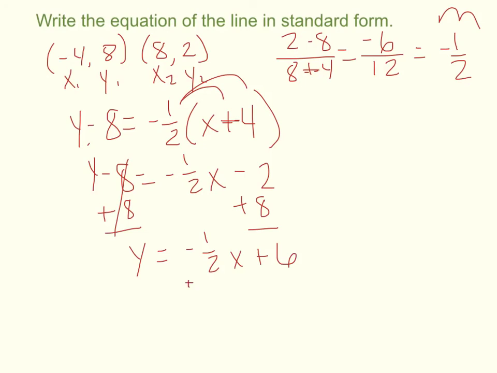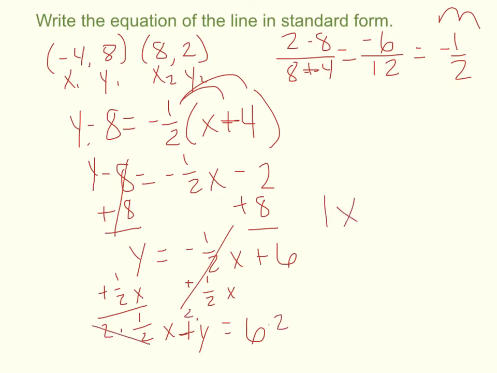It's negative, so I'm going to add 1 over 2x. So you have 1 over 2x plus y equals 6. There's a fraction, so I need to multiply every single thing by that bottom. So I'm going to multiply everything by 2. Those 2's cancel. You're left with 1x plus 2 times y is 2y equals 12.